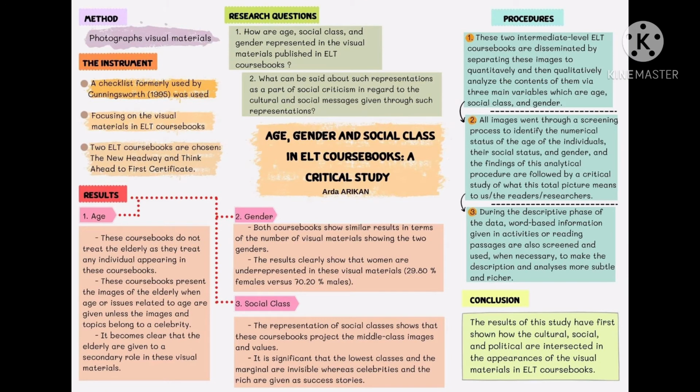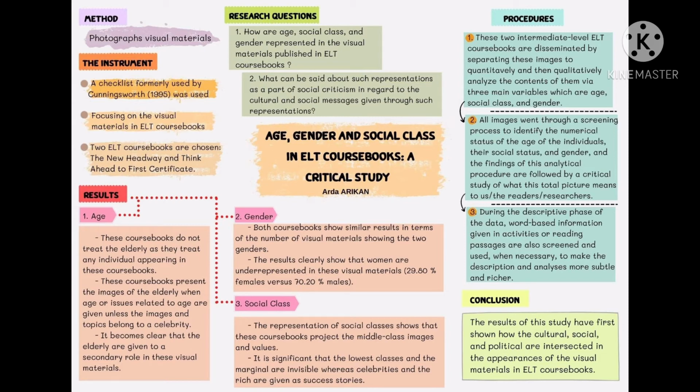The last research is about age, gender, and social class in English language teaching coursebooks. It is a critical study. The method used in this study is photograph visual materials.